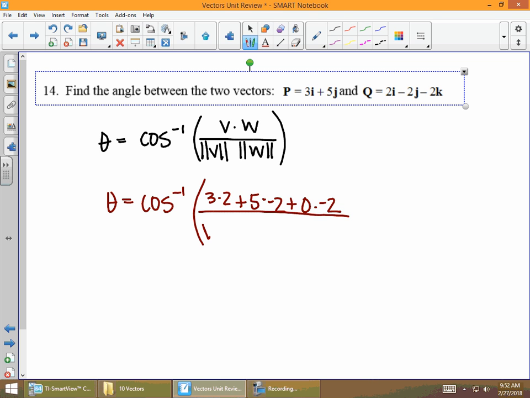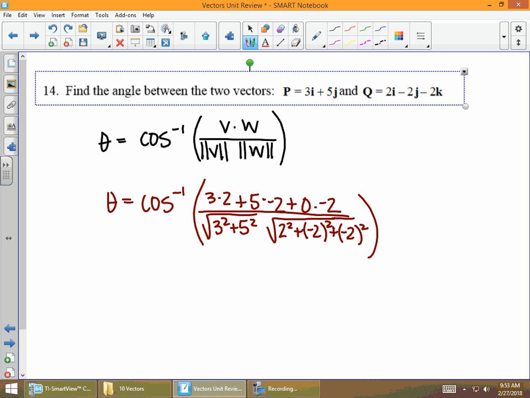Over the magnitudes. So the magnitude of V, 3 squared plus 5 squared, square root of it. Magnitude of W, 2 squared plus negative 2 squared plus negative 2 squared. Every once in a while we just have a problem that has a million 2's in it.